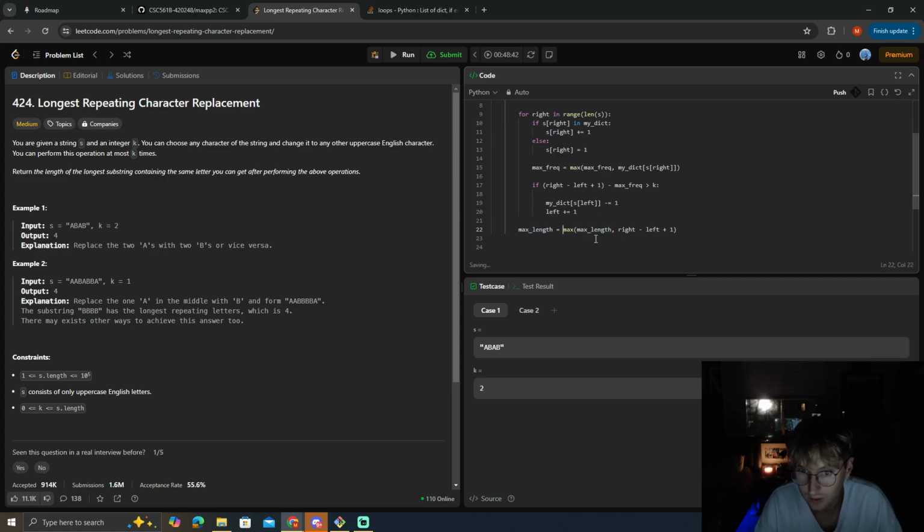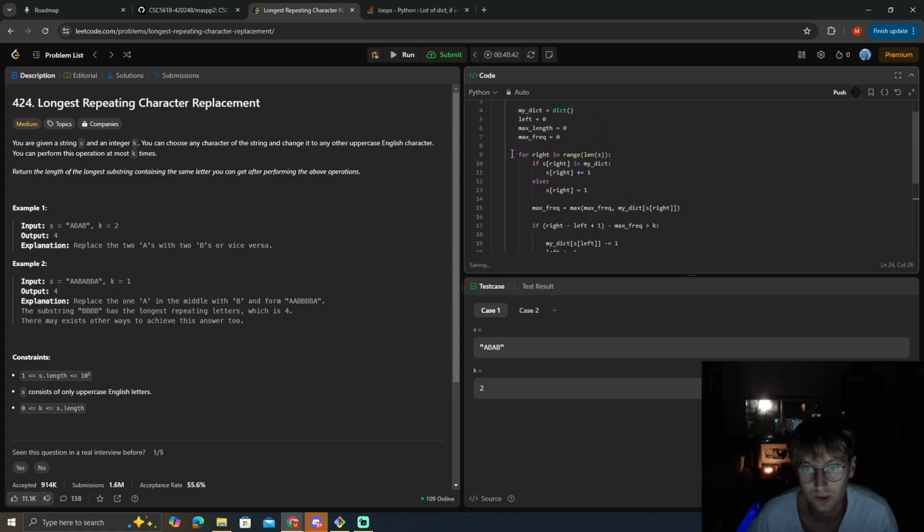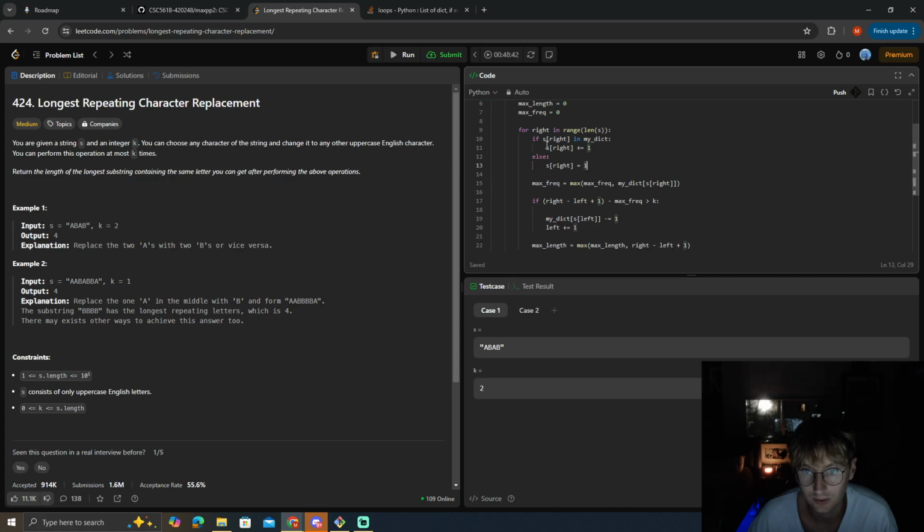Is it within the for loop? Okay, it is within the for loop. And we want to return the max length. What I don't understand, so obviously I get this, we're looping through the array, right? If s right is in my dictionary, then we increment it by 1, else we make it equal to 1. And we update the max freq.